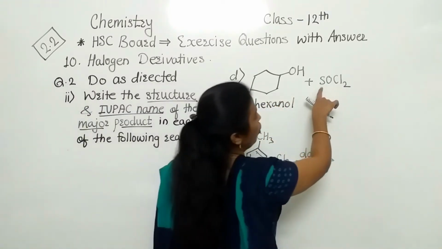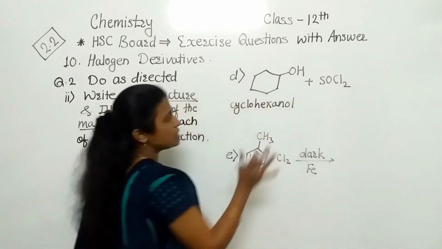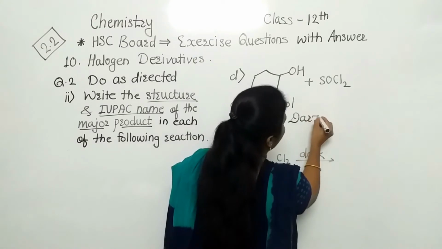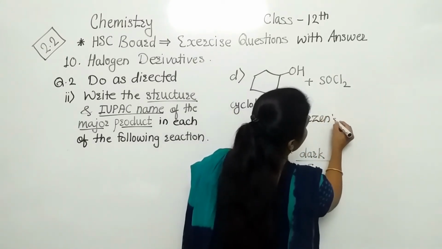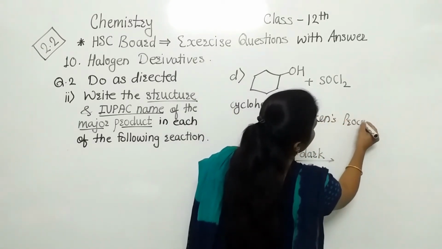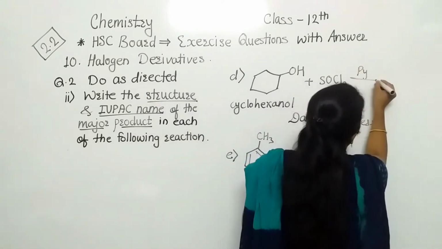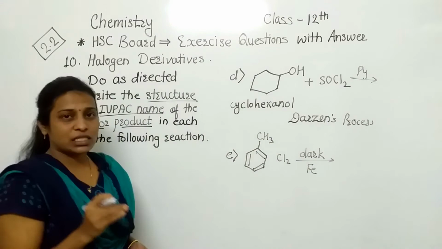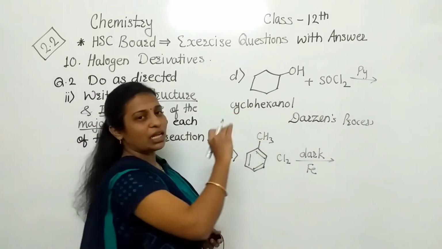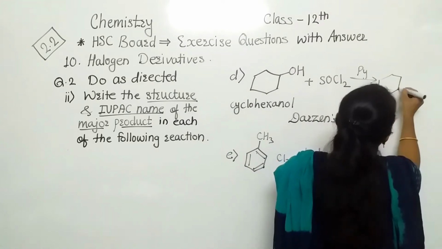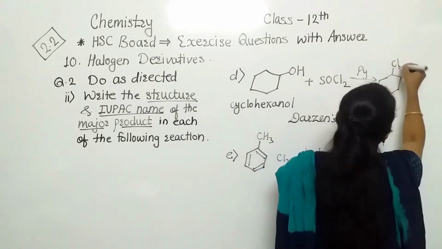There is an addition of thionyl chloride. The name of this reaction is the Darzens reaction, or Darzens process. We have to follow this reaction in presence of pyridine, and at that time we get cyclohexane to which Cl is attached.